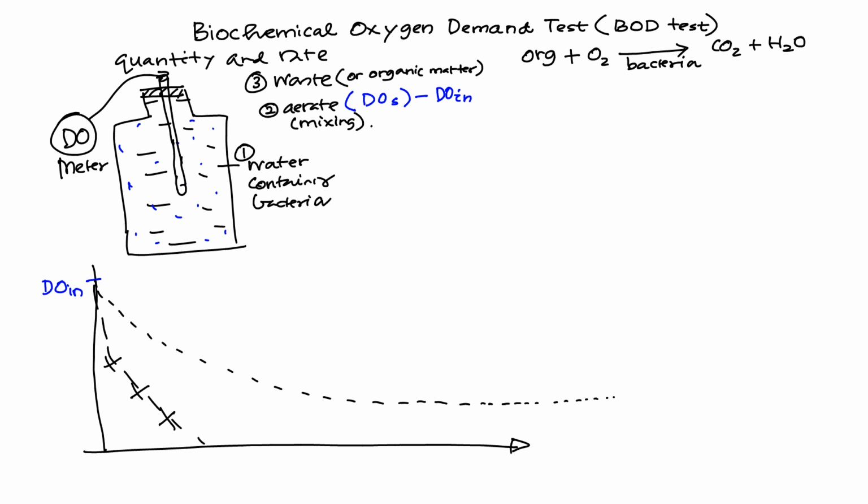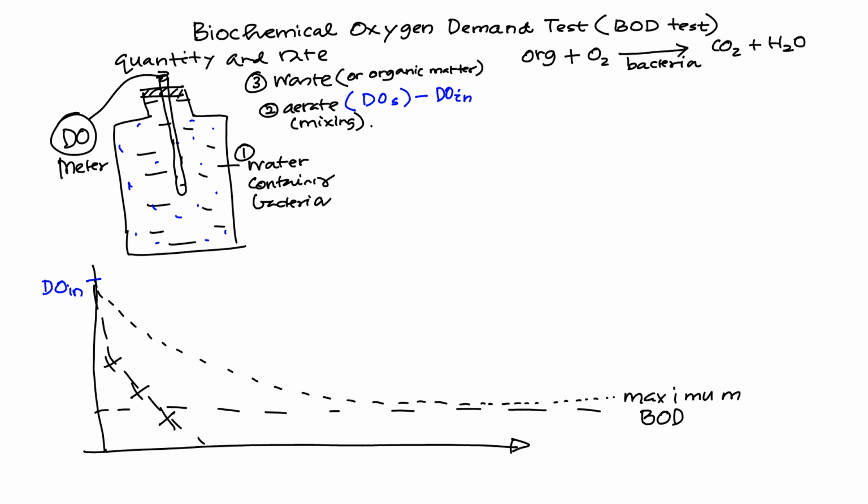Now if you keep on measuring DO and plot it, that's the curve you get. So this is the maximum oxygen demand, the maximum oxygen or biochemical oxygen demand by the bacteria.